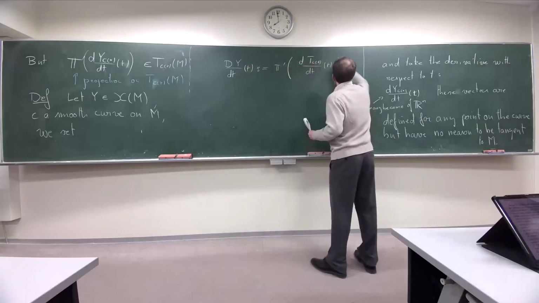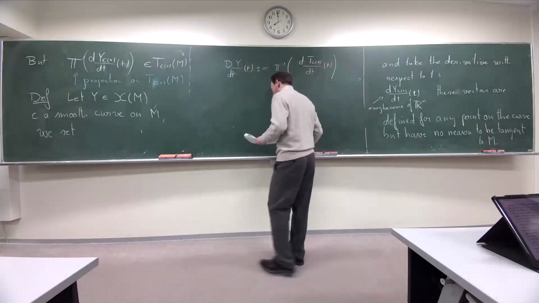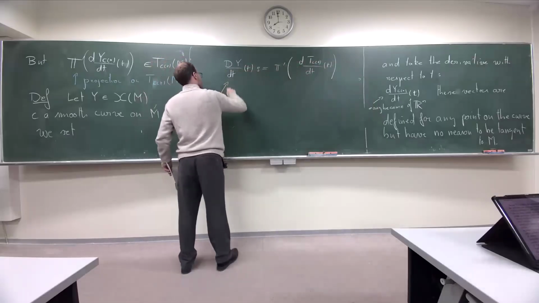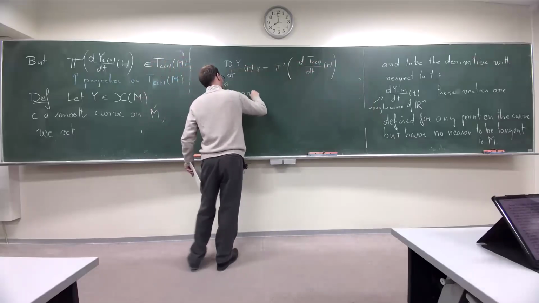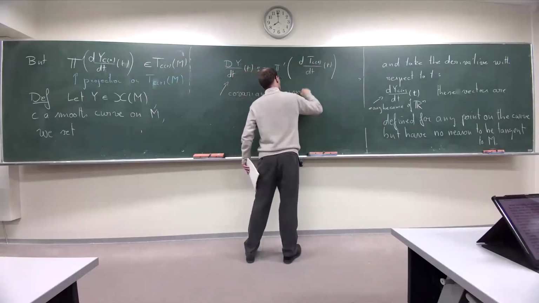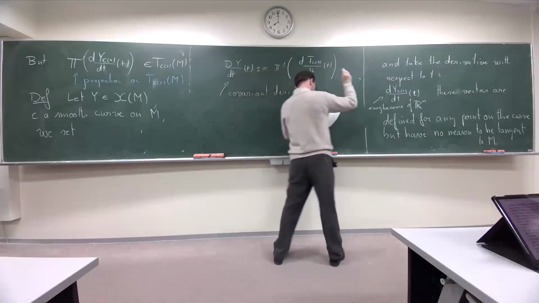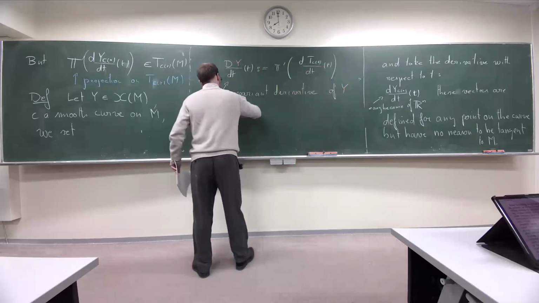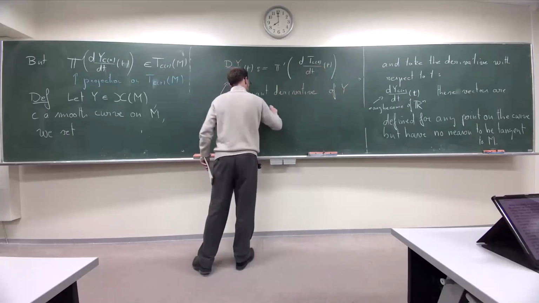Okay. And this is called the covariant derivative of Y along the curve.